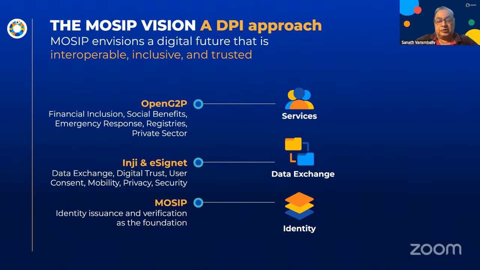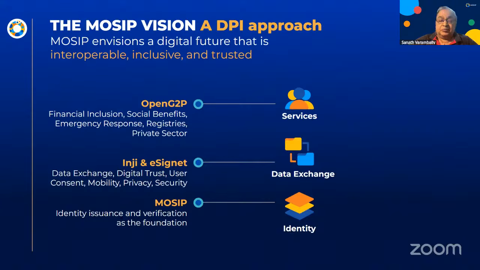MOSIP will talk about that, basically providing digital trust to the other platforms. And user consent is one of the challenges of privacy, where data of a resident is being shared with other applications with educated consent. That is a challenge MOSIP and INGI address.